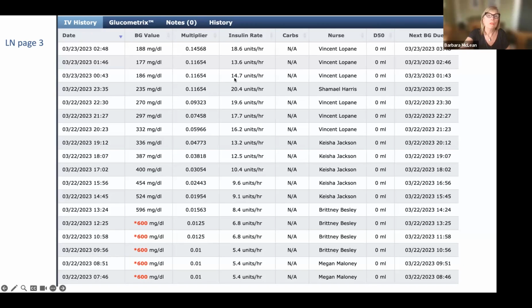And now your insulin rate starts to come down. Your multiplier starts to stay more consistent, doesn't come down, because we're still having some trouble organizing our patient, but we're seeing the insulin adjustment goes down from 20.4, and we have a little bit of variation there.